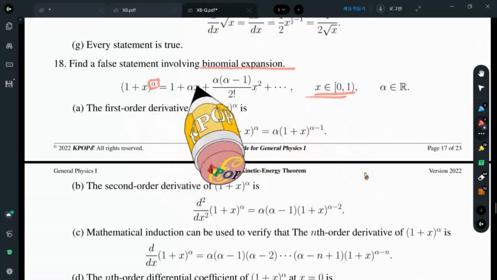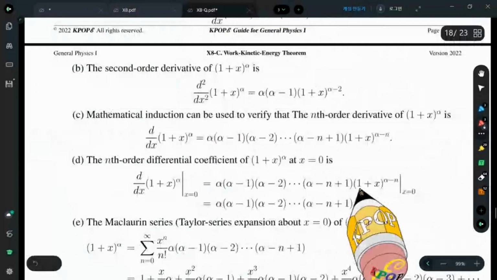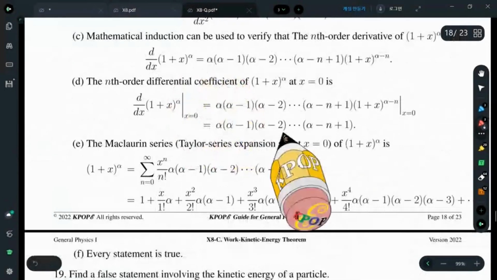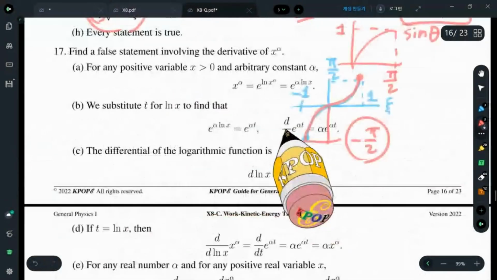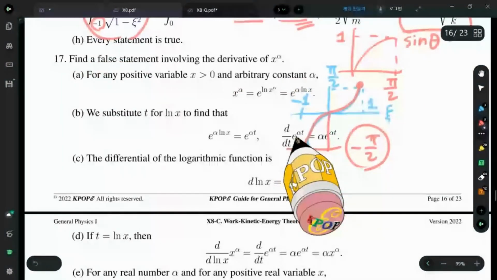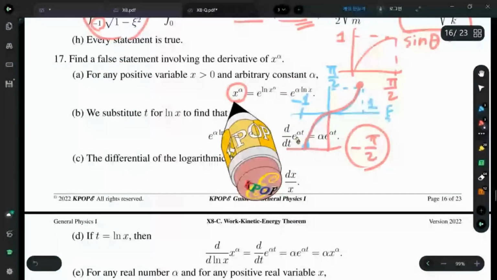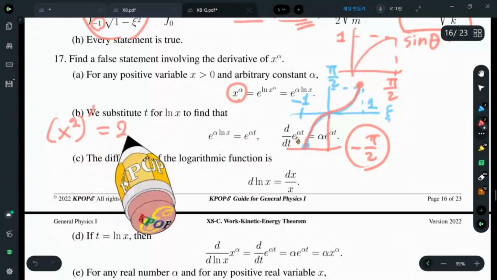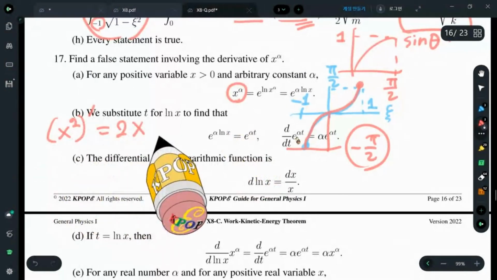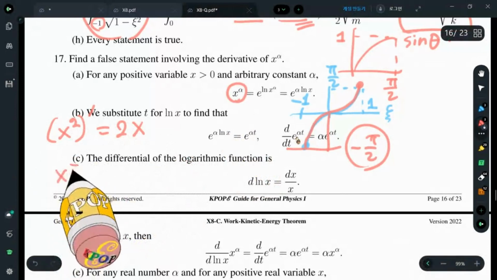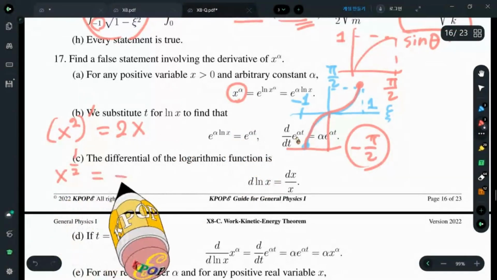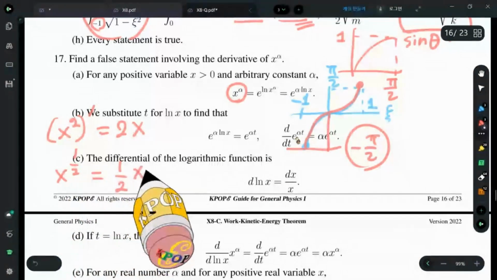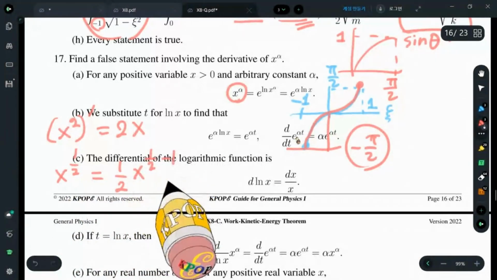In that case, you repeat the derivative because of this formula. For example, if I take the derivative of x squared, we have 2x. That's fine. But what happens if I have 1/2? There is a square root of x. Still, we have 1/2 x to the 1/2 minus 1.